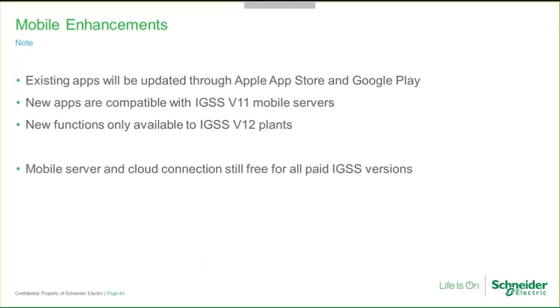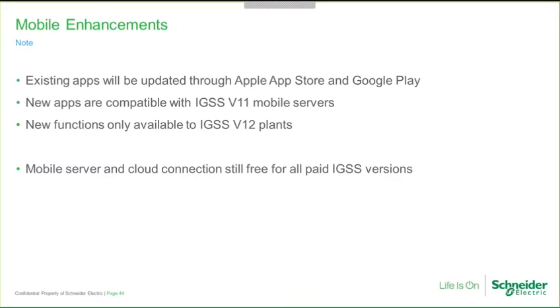All the existing mobile apps will just be updated through the Apple App Store and Google Play. The new version is already there. If you upgrade your app but stay on the IGSS version 11 server, that still works. If you upgrade your server to version 12 but don't upgrade your app, that works as well.